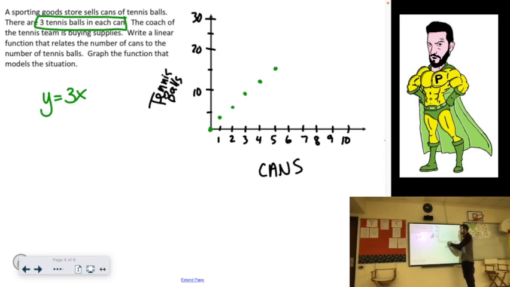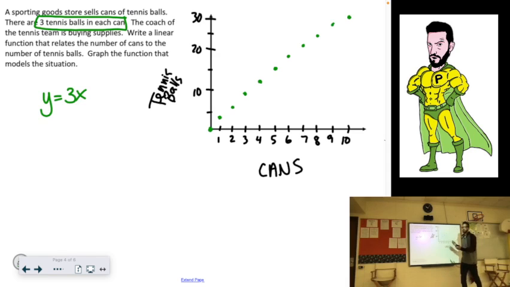So right now we're at 5 cans, 15 tennis balls. Plus 3 is 18. Plus 3 is 21. Plus 3 is 24-ish. And we're at 27 and 30.